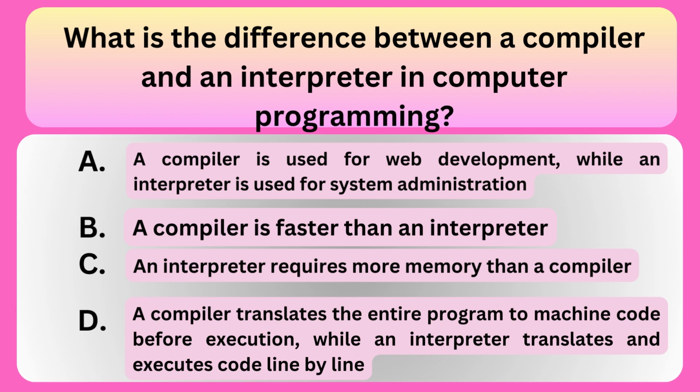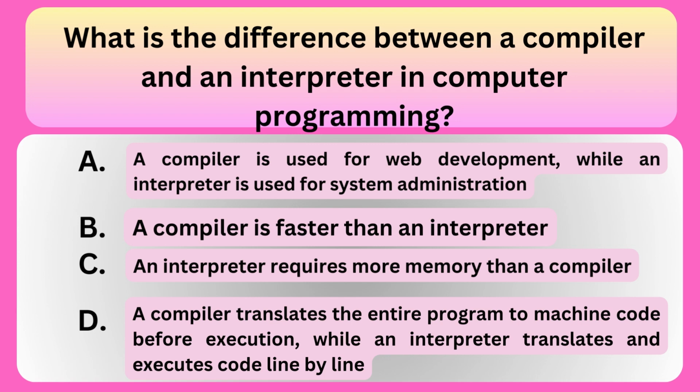What is the difference between a compiler and an interpreter in computer programming? A compiler is used for web development while an interpreter is used for system administration. A compiler is faster than an interpreter. An interpreter requires more memory than a compiler.